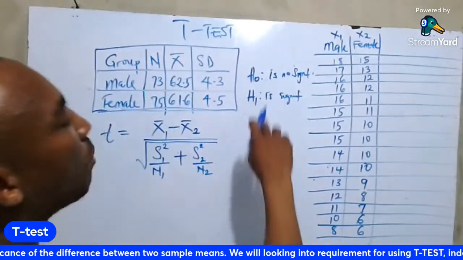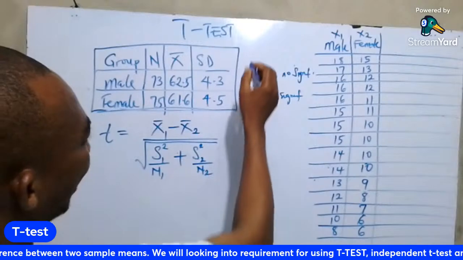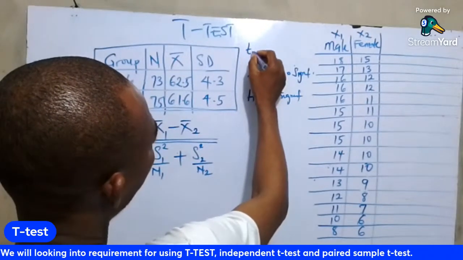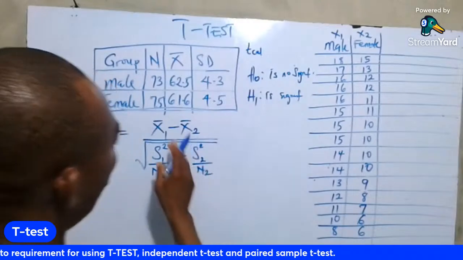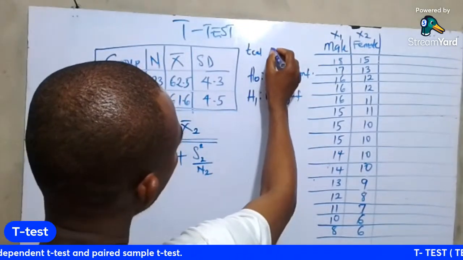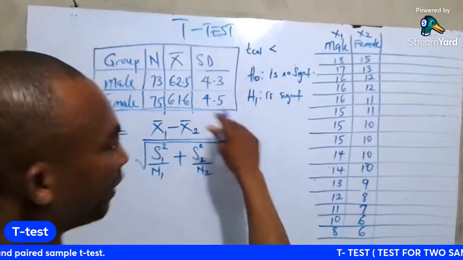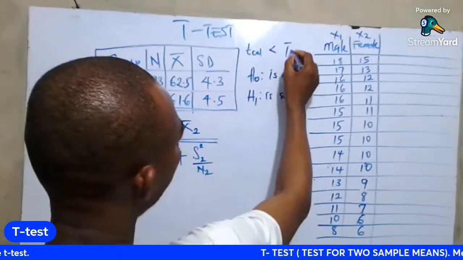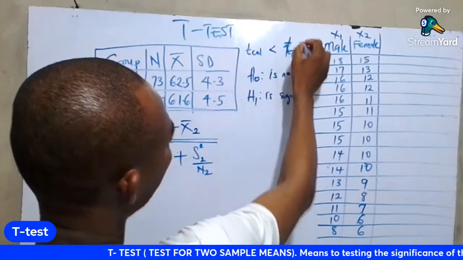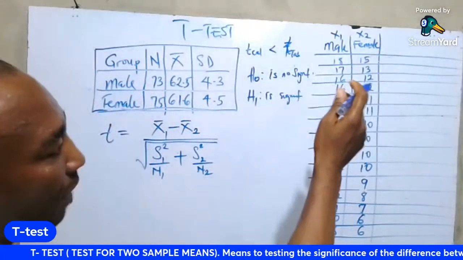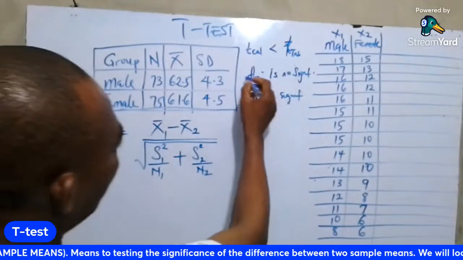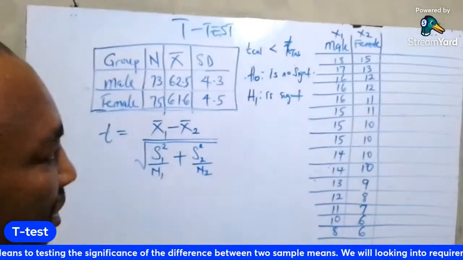difference, while the second one will say there is significant difference. By the time we look at the two, and our T calculated, that is whatever value we got here, is lesser than the T table, that is the value we got on the T table, or we say the critical value, that means we accept the null hypothesis.